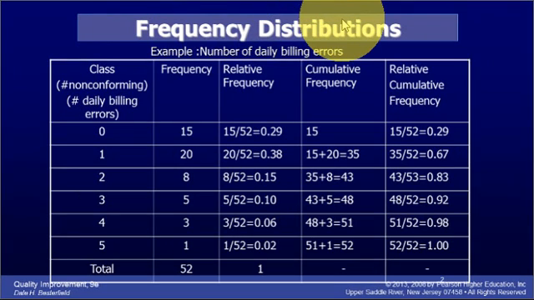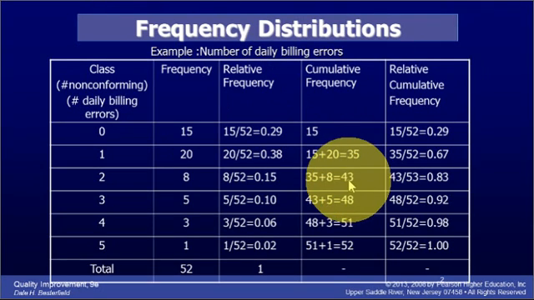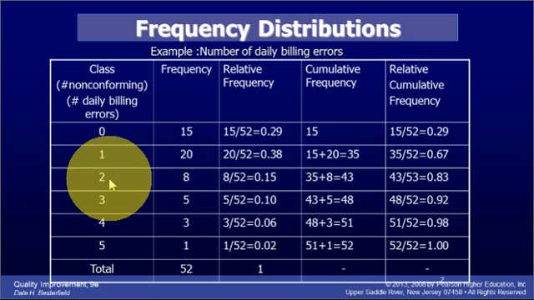The fourth column is cumulative frequency. So cumulative frequency is the number of data points equal to or less than a data value. For example, this cell tells us there are a total of 43 days when the number of daily billing errors is less than or equal to 2.